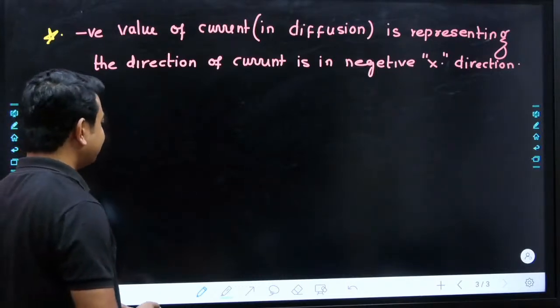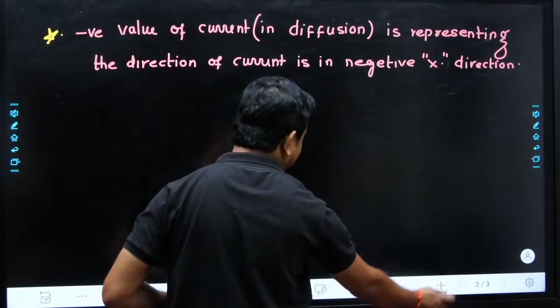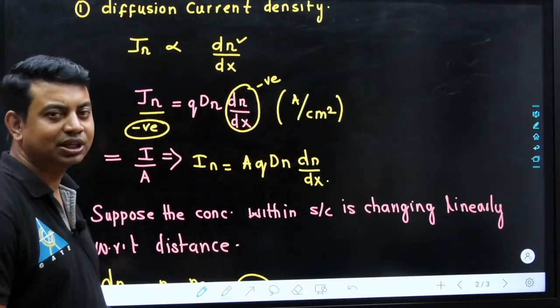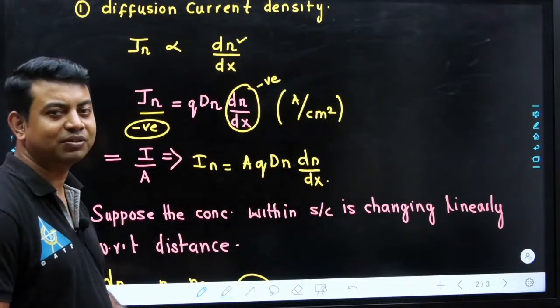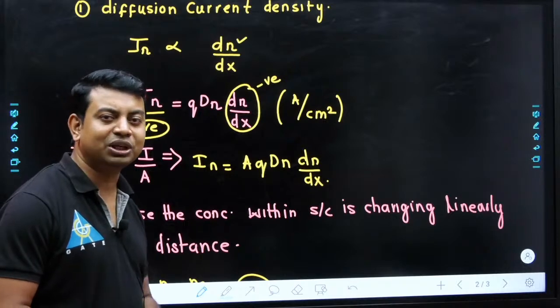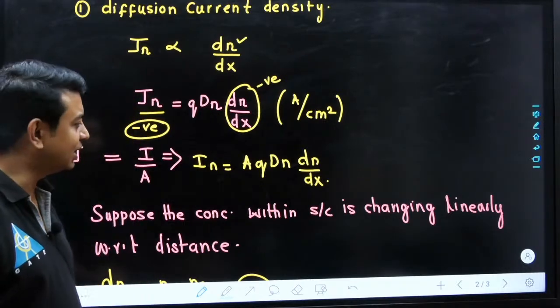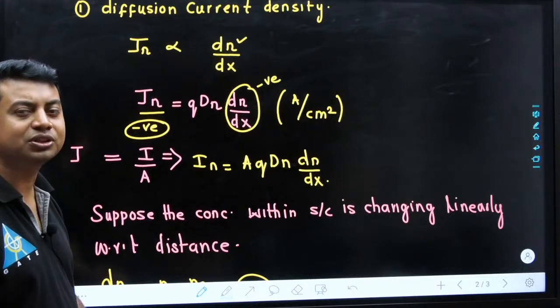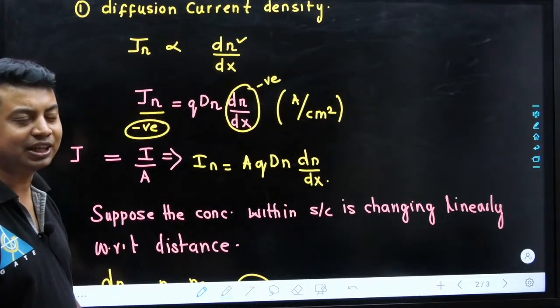Now, we have said that whenever we have current in the negative x direction, the charge carriers, that is the electrons, are moving in the positive x direction. Then the current has a negative magnitude, because the current is flowing in the negative x direction.